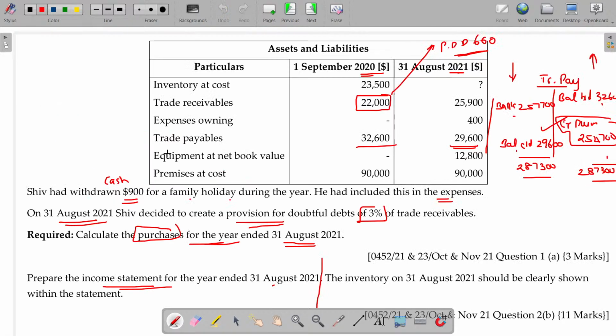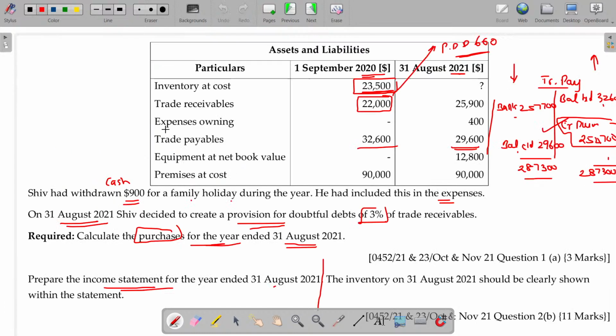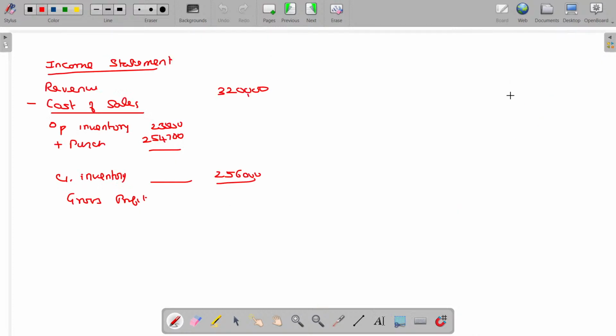Now, need to have the inventory. We have been given the opening inventory being 23,500. Now, closing inventory is question mark. As closing inventory is question mark, you can get this value by solving this illustration. 23,500 plus 2,54,700.